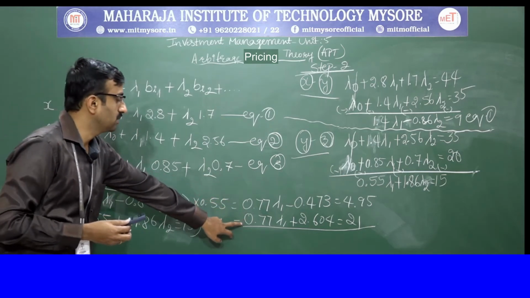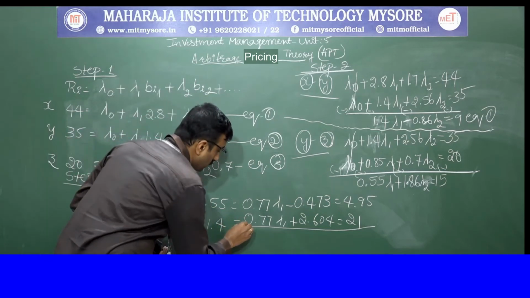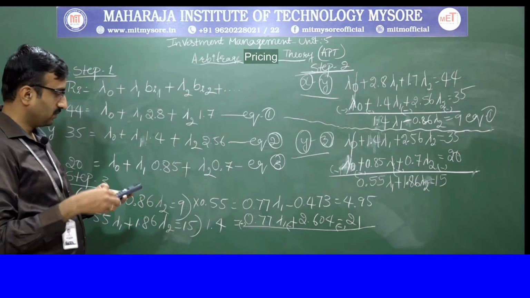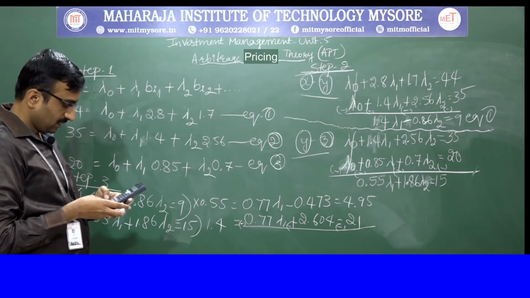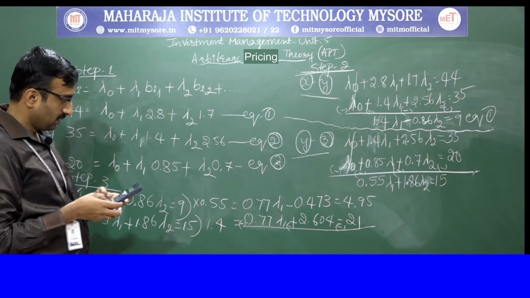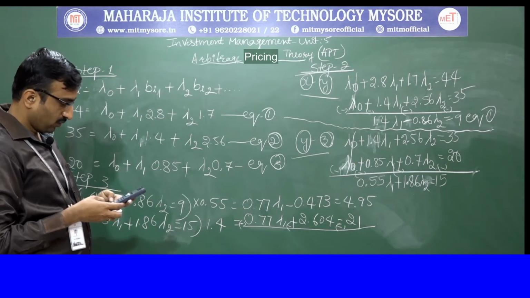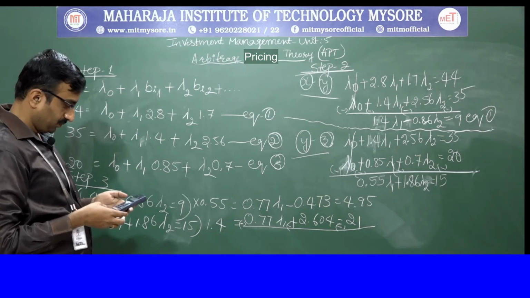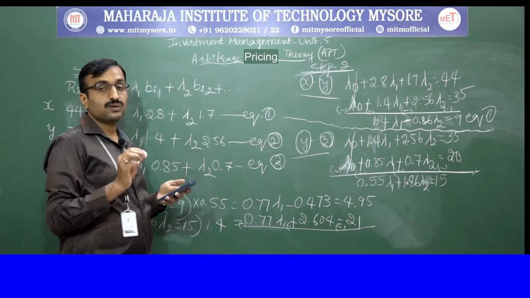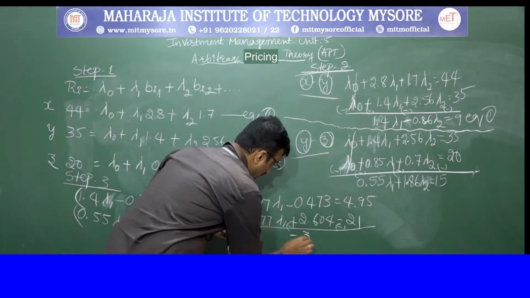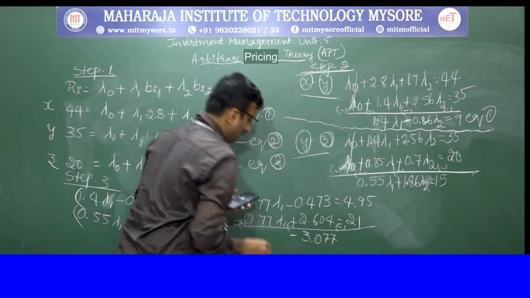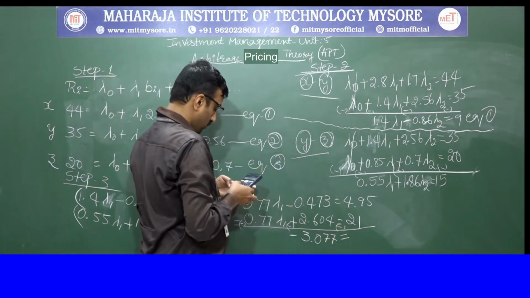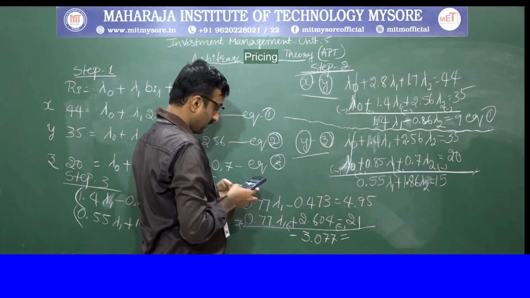So, do minus of equation 1 with the second. Okay. So, minus if you do 0.77, 0.77 it is 0 only, then minus 0.473 plus 2.604 if you do, you will get minus 3.077 lambda 2, that is equal to 4.95 minus 21.